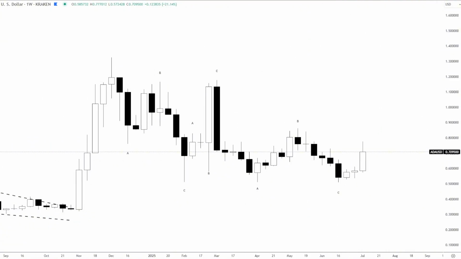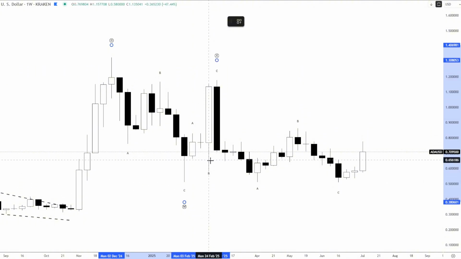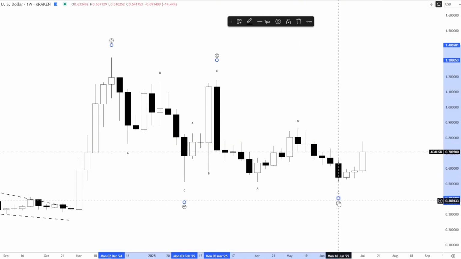So let's put this on. This first ABC is a W. It's just the first part of a more complex correction. It got connected by an X, another ABC, either flat or zigzag, and got finished off by a Y, another ABC.